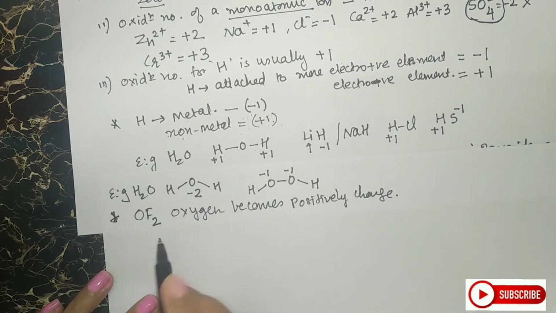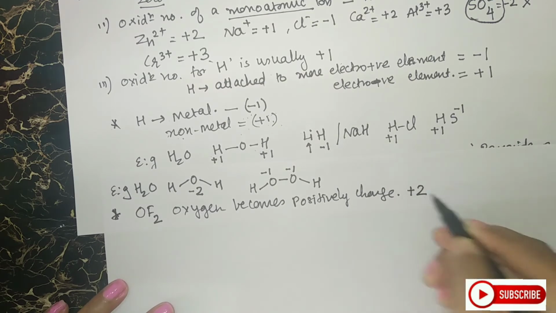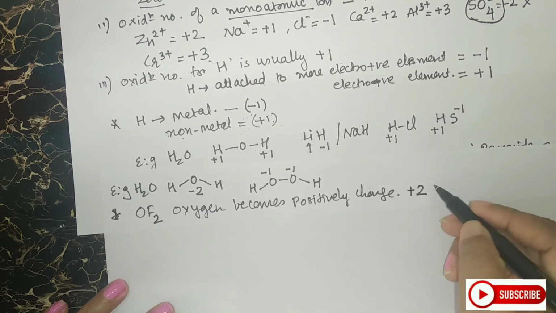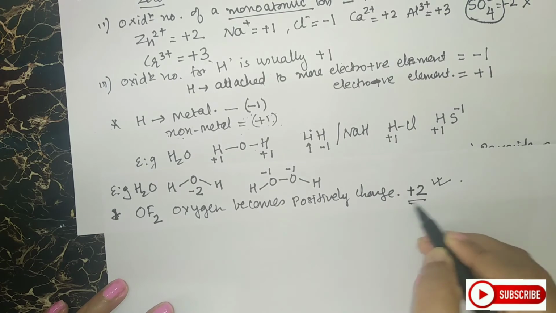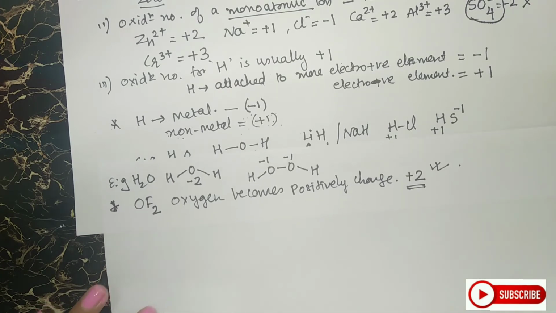Because fluorine is more electronegative as compared to oxygen, and therefore oxygen is now forced to have a positive oxidation state. So here oxygen will have +2 oxidation state. You must know this. The only molecule where oxygen exhibits a positive oxidation state is when it is attached to fluorine. So this is about the oxygen.